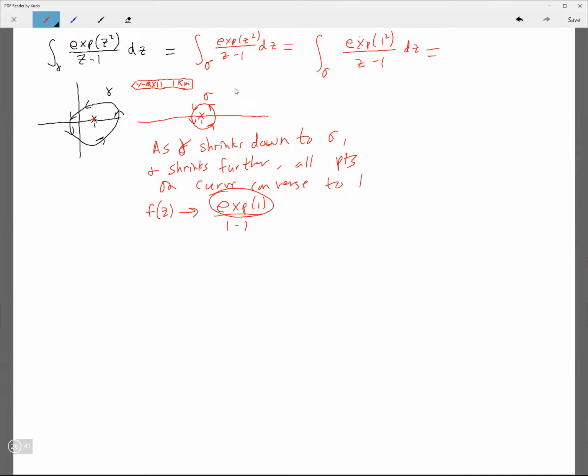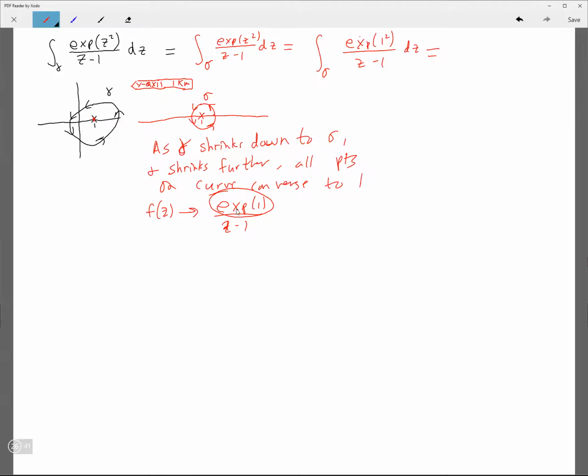So you can make an argument. You see what I'm trying to say here? As you shrink this curve down, all the points on the curve are converging to exponential of 1 over, well, 1 minus 1. That's kind of weird though. We'll leave that as z minus 1. So all these points are converging to the exponential of 1.